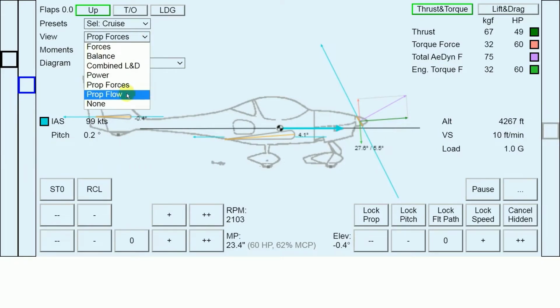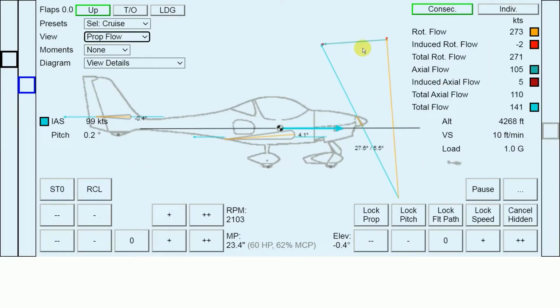The prop flow view shows how the airflow at the propeller blade is composed. Here you can see that the largest flow components are due to the rotation of the propeller blade, that's the orange arrow, and due to the movement of the aircraft through the air, that's the dark cyan arrow. Additionally, there are two more so-called induced flows that result from the acceleration of the air by the propeller.